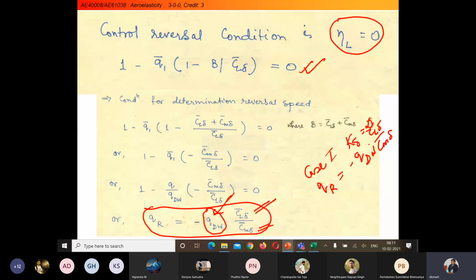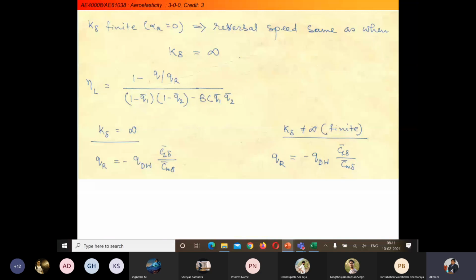So let me come to here. K delta infinite and finite are equal. The reversal speed is the same as what we obtained with K delta finite and infinite, these two conditions. And in this case, we got eta L is equal to 1 minus Q by QR.